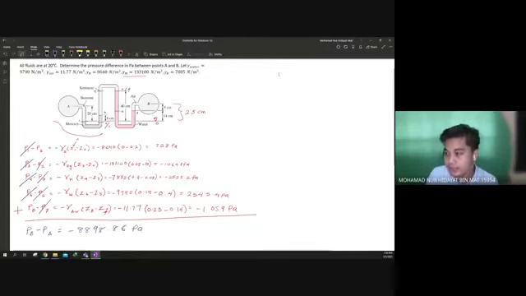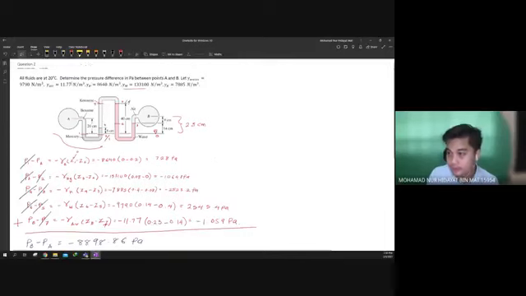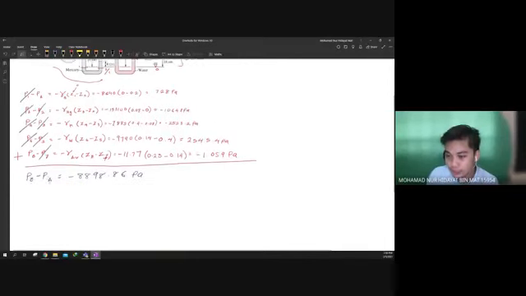Okay, but the question asks, determine the pressure difference between A to B. This is B to A. So how to do? Change the position: PA minus PB.